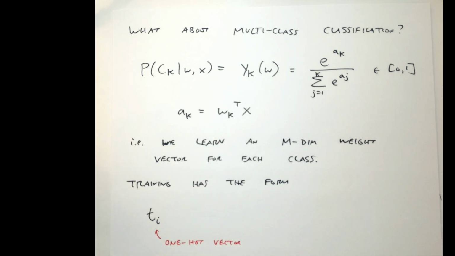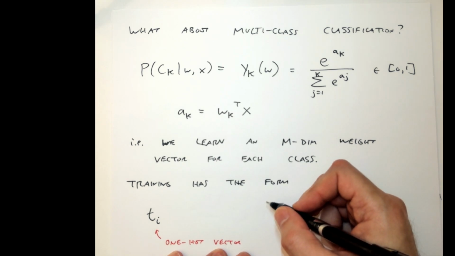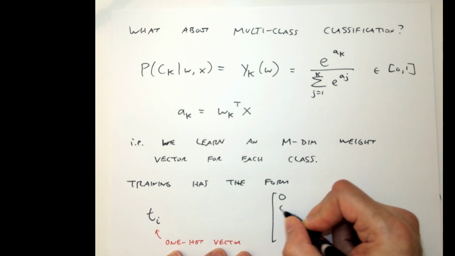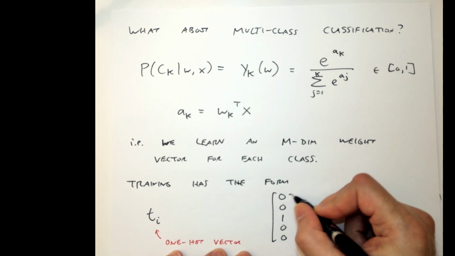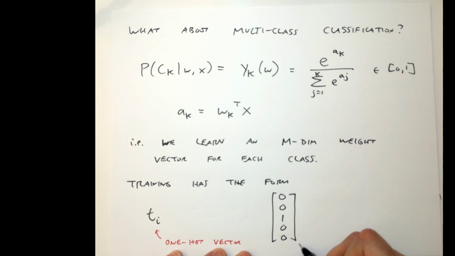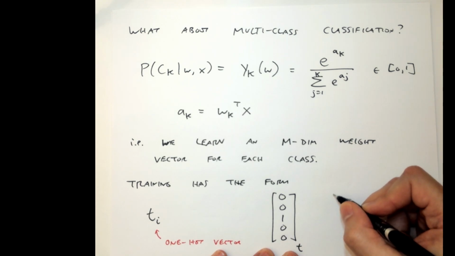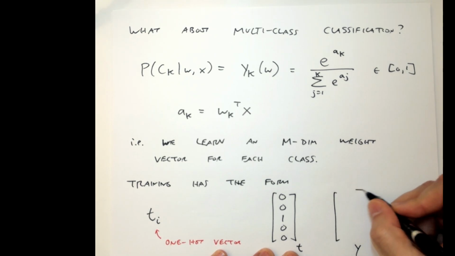So for example, if I'm trying to target class 3, like this is my t, then I'm trying to drive my y vector to look like this.